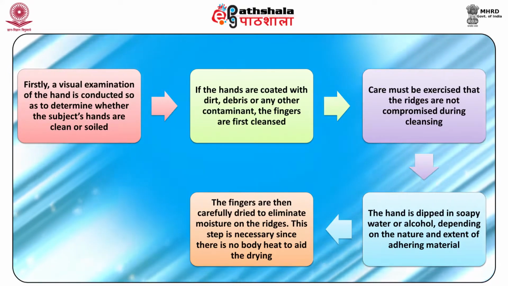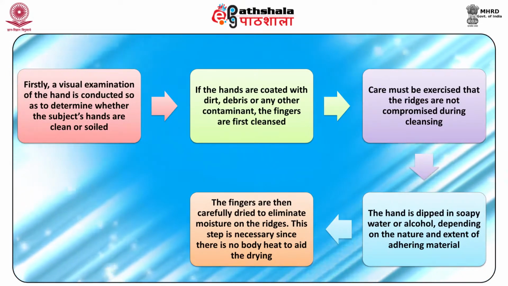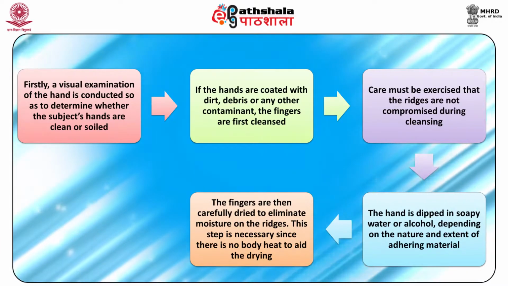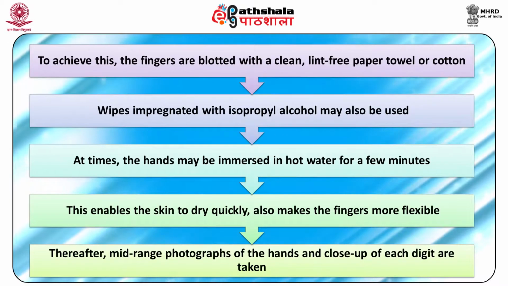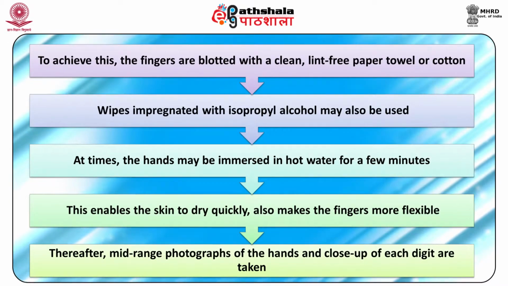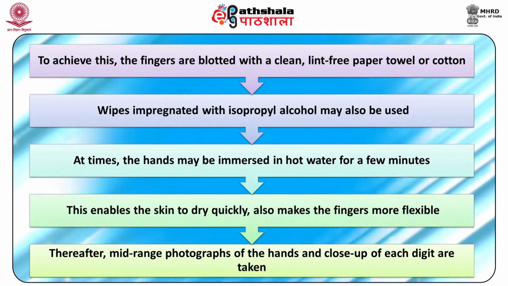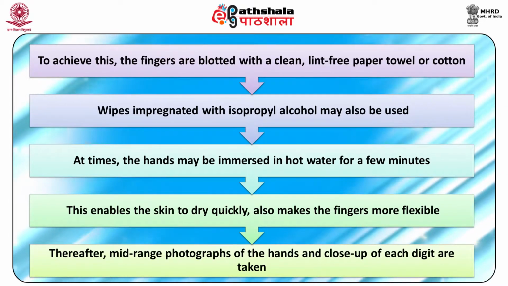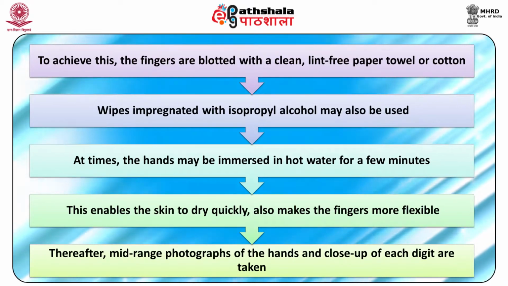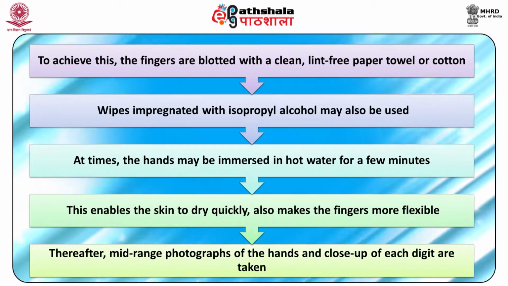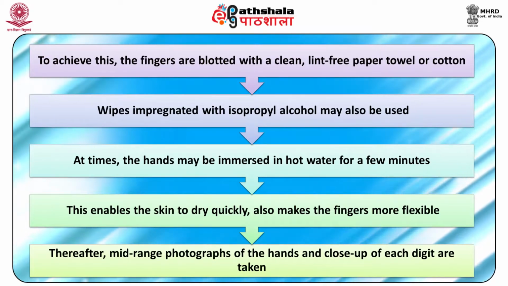This step is necessary since there is no body heat to aid the drying. To achieve this, the fingers are blotted with a clean, lint-free paper towel, or cotton wipes impregnated with isopropyl alcohol may also be used. At times, the hands may be immersed in hot water for a few minutes.